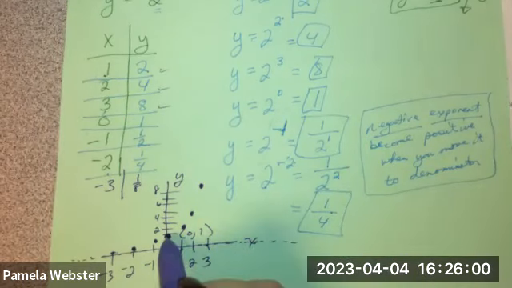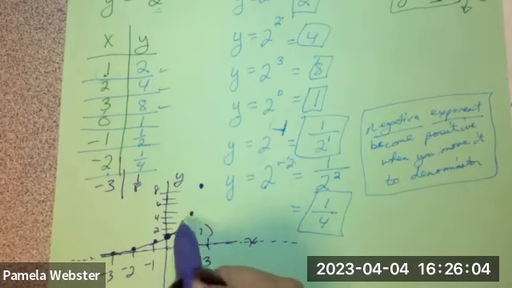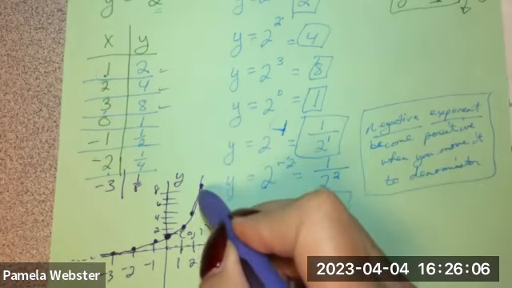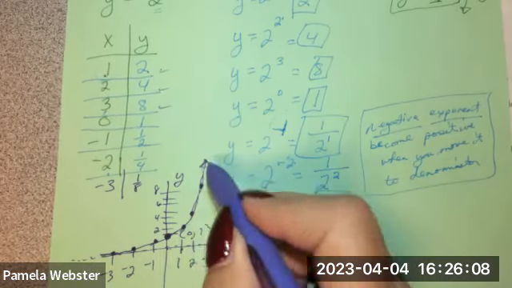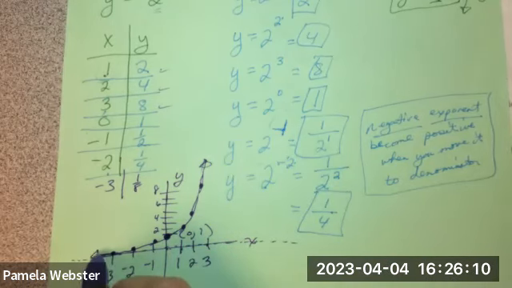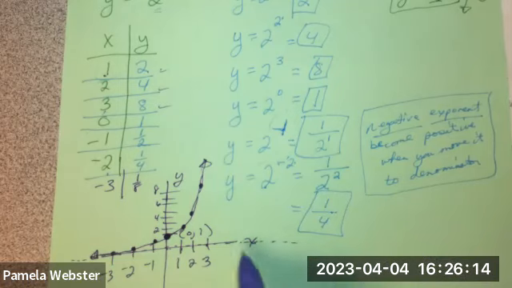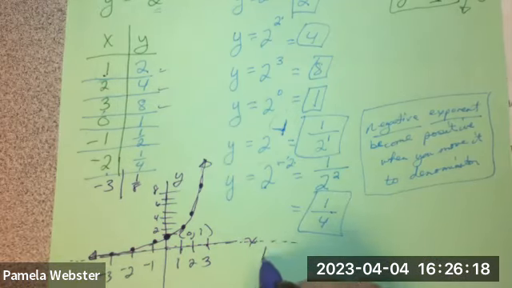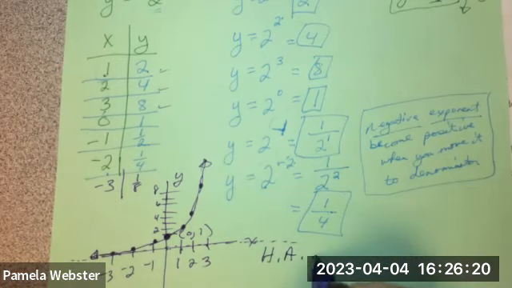We already know that's 1. So these fractions on the negative end just keep on getting smaller and smaller, but they never actually are equal to 0. So that's that asymptote idea going on. I'm going to have a horizontal asymptote at y equals 0.